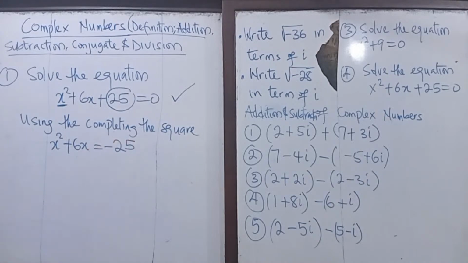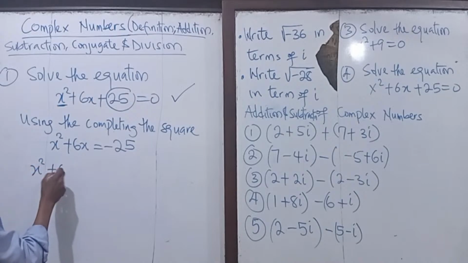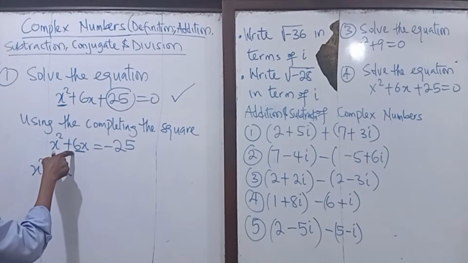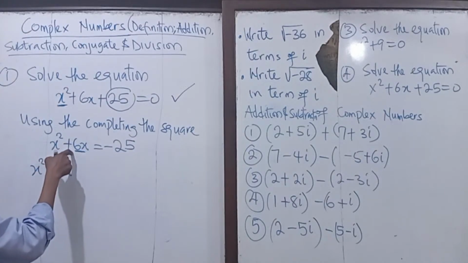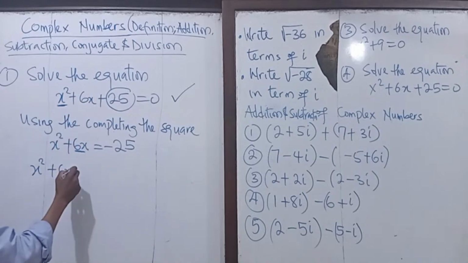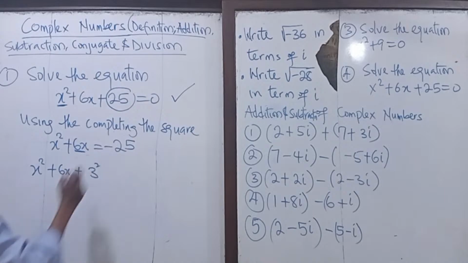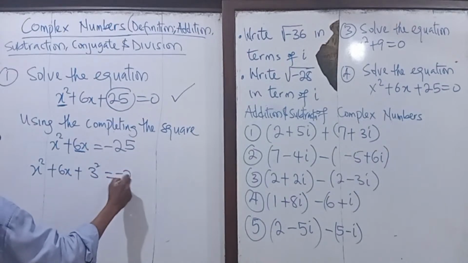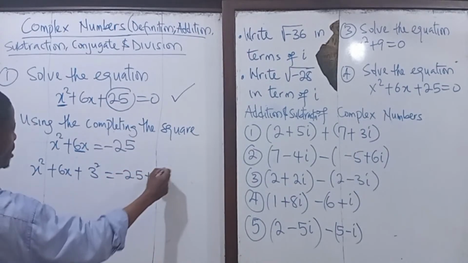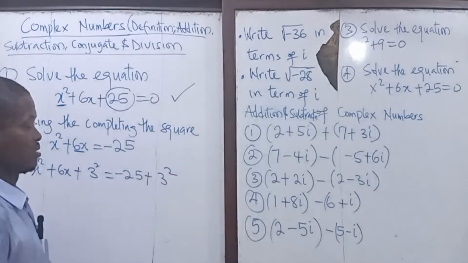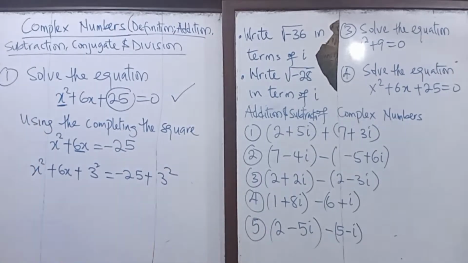Then after that, I'm going to add the square of half of the coefficient of x to both sides. Half of 6 is 3, so we add 3 squared to both sides: minus 25 plus 3 squared. Whatever you do to the one part must be done to the other part.